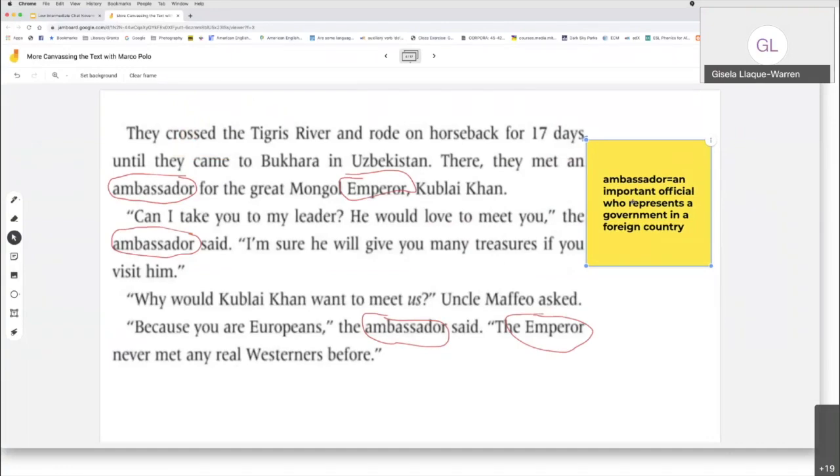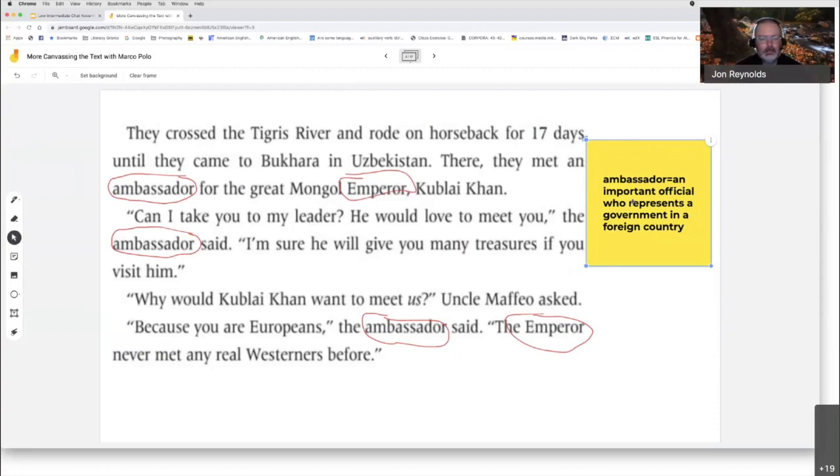Every country has ambassadors who represent other countries. That's right. You said foreign country. So, for example, Cincinnati doesn't have an ambassador to Kentucky, do they? No. I mean, come on, it's just across the river there. But okay, so it's a foreign country, from a different place. Okay, so they met an ambassador for the great Mongol.